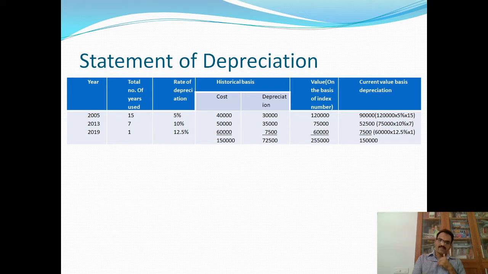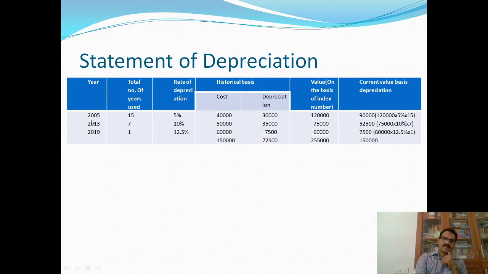Then the statement of depreciation that we are going to prepare. Years 2005, 2013, 2019. Total number of years the plant was used. The first plant was purchased in the year 2005, and up to 2019 we have used the asset for 15 years.